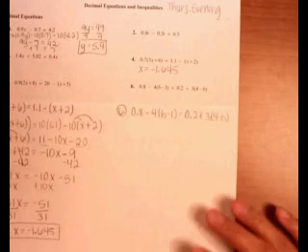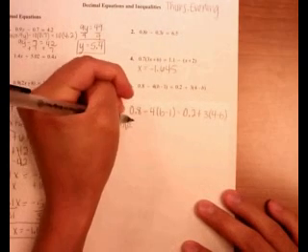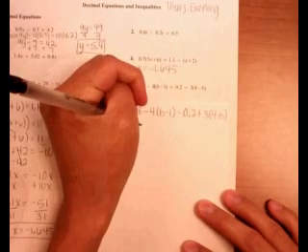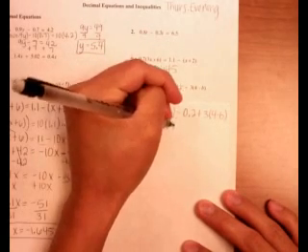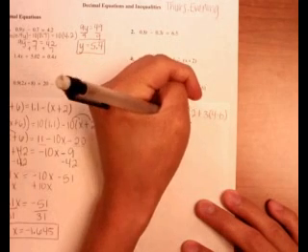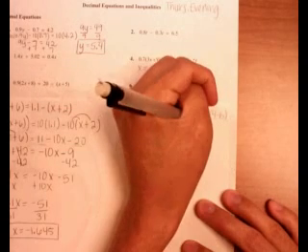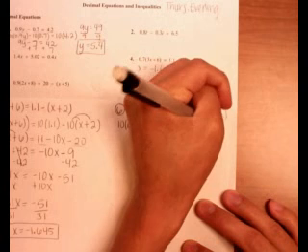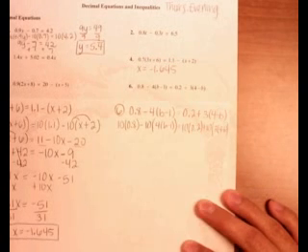I'm going to multiply by 10 each term, so 10 times 0.8 minus 10 times 4 times b minus 1 equals 10 times 0.2 plus 10 times 3 times 4 minus b. Sorry, kind of ran out of some room there.